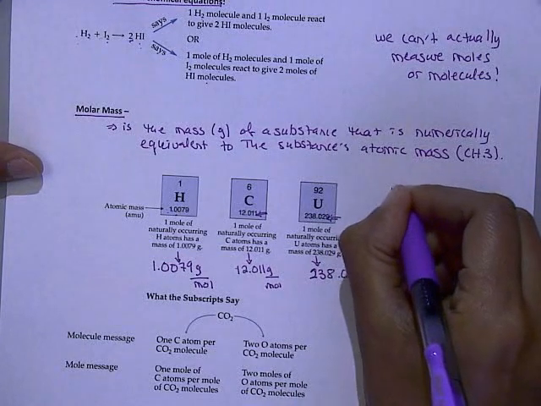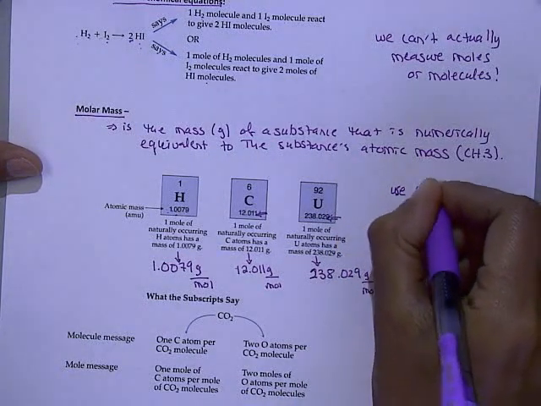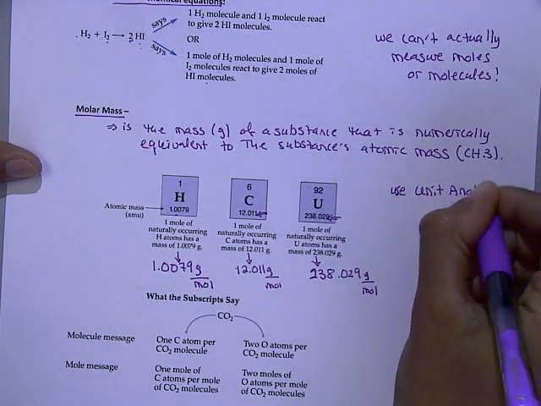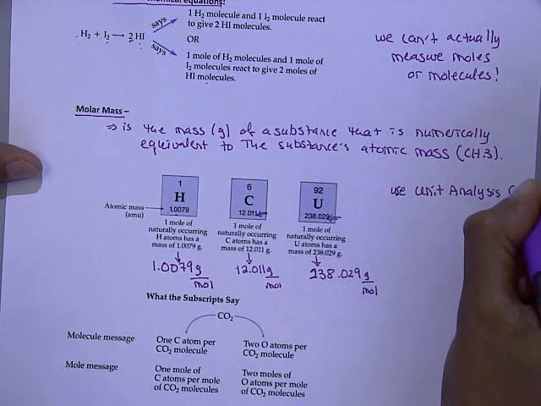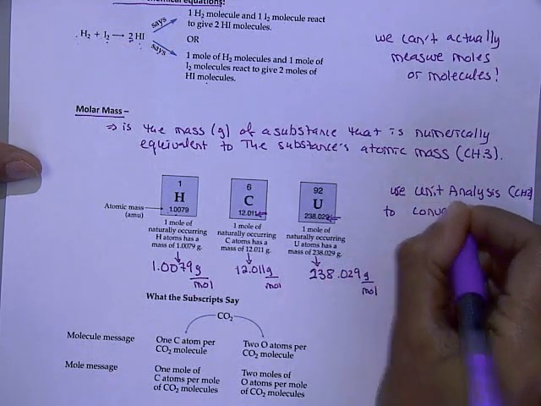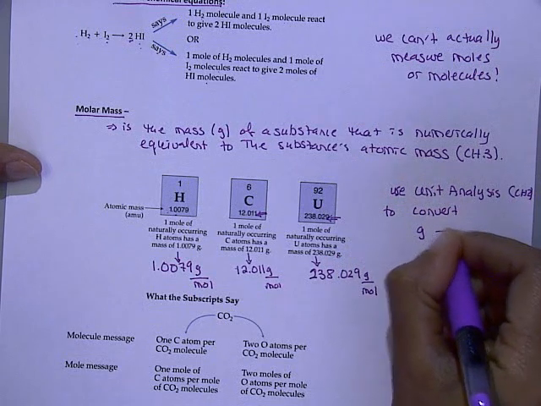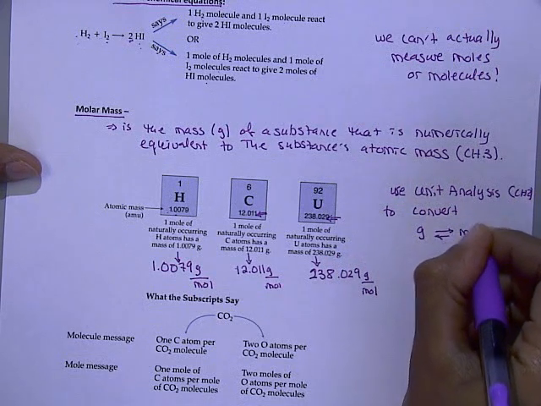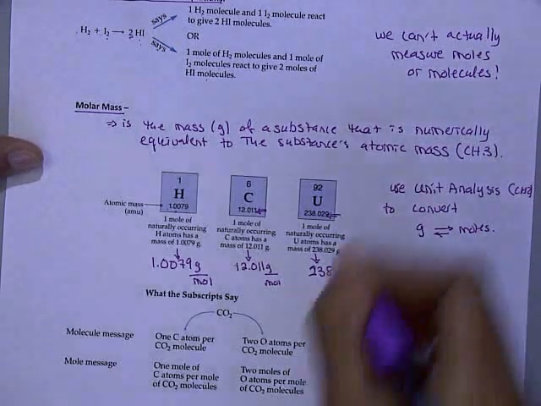As I said, you can't actually measure moles or molecules in lab. So what this basically means is that you're going to need to use unit analysis, which we covered extensively in chapter 2, to be able to convert from grams to moles and moles to grams. And how do we do that?